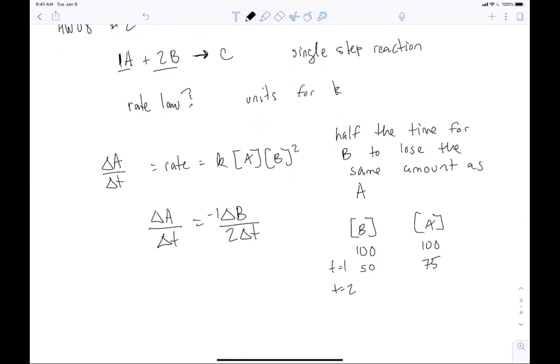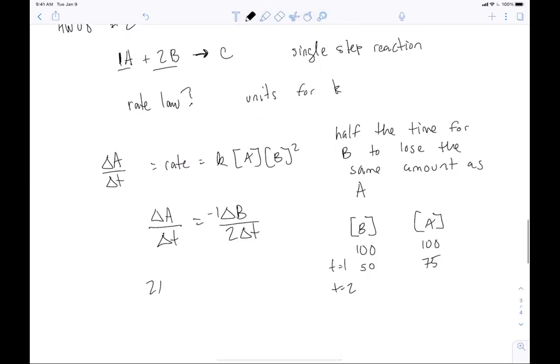Yeah, it's just that delta B over delta T is faster. We could have the coefficient from delta B and delta T be 1 and just put 2, so that is 2 times faster than the rate of A, delta A over delta T. So this would be an alternative way we could write it. Yeah, we were thinking of it that way, but we weren't writing it out that way.